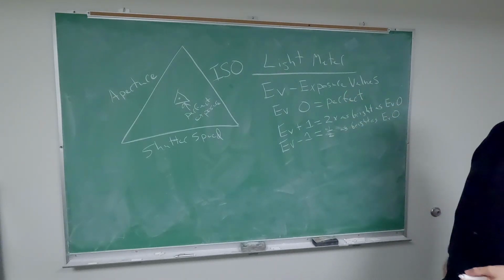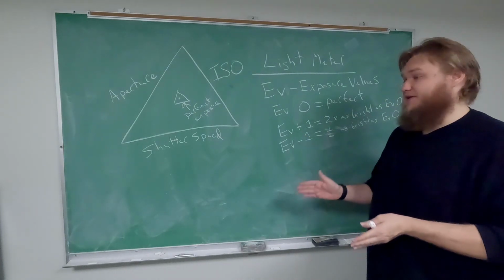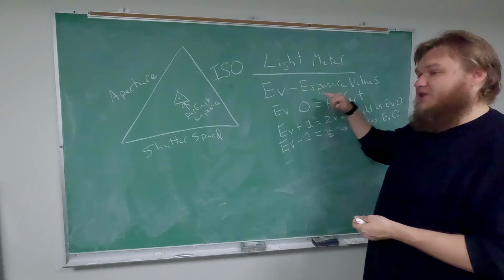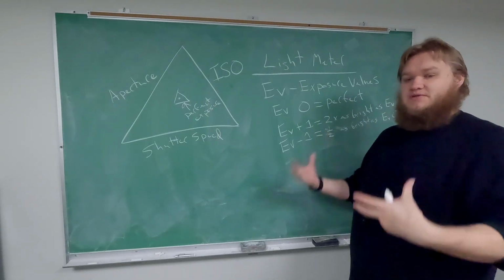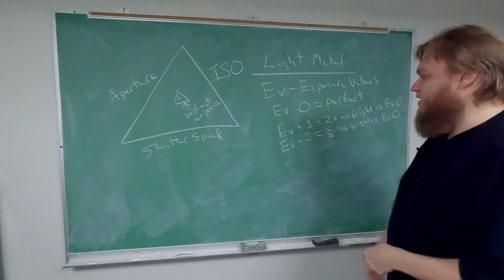So each time we go up by 1 on the exposure value, we are multiplying or dividing the average amount of light in the image by 2.